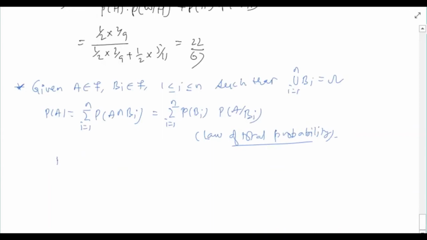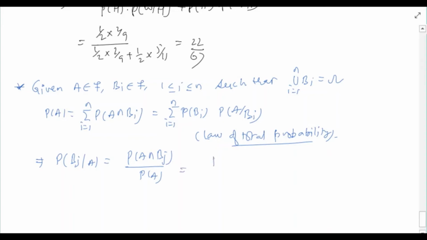Next, I can write the probability of Bj given A to be the probability of A intersection Bj divided by the probability of A. This is using conditional probability.